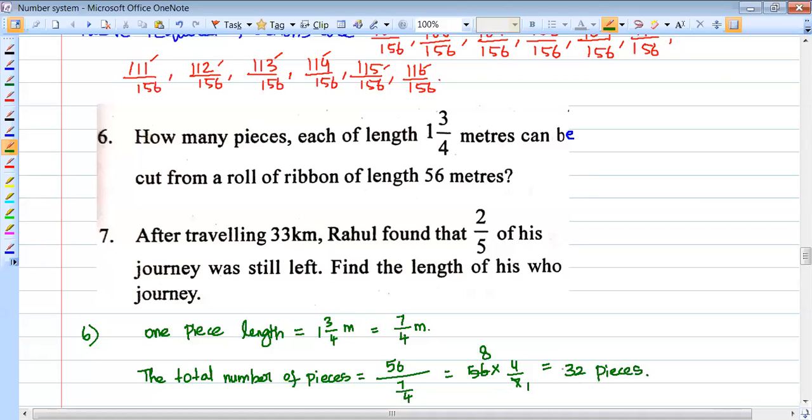So how many pieces can you cut? 32 pieces, correct? So the total number of pieces is equal to 32.